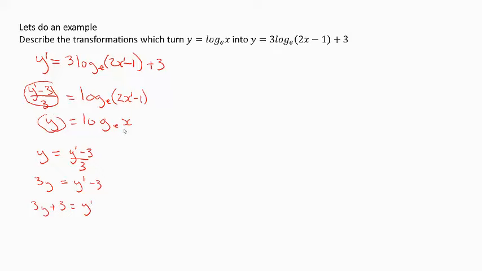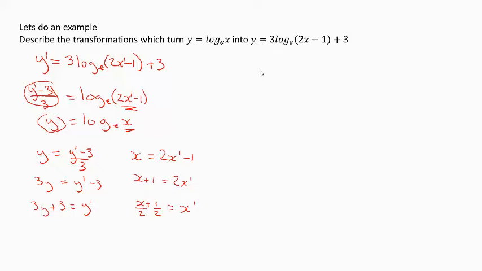And I do the same thing here with the x. In place of the old x, I now have 2 times the transformed x take 1. So x plus 1 equals 2 times the transformed x. So x plus 1, divided by 2, equals the new x.